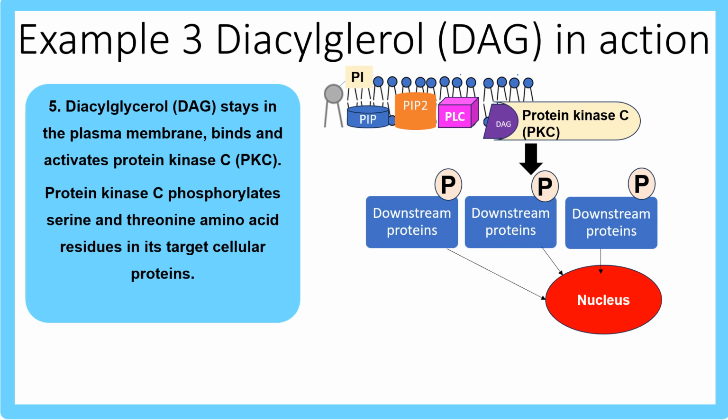And as we discussed earlier, when we discuss the term phosphorylate, the phosphate has to bind to an amino acid within the protein. And serine and threonine are the amino acid residues that protein kinase C phosphorylates within the target cellular proteins.